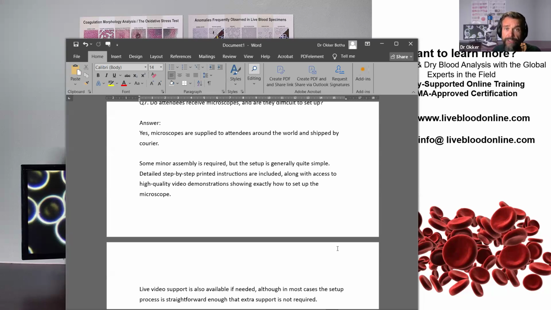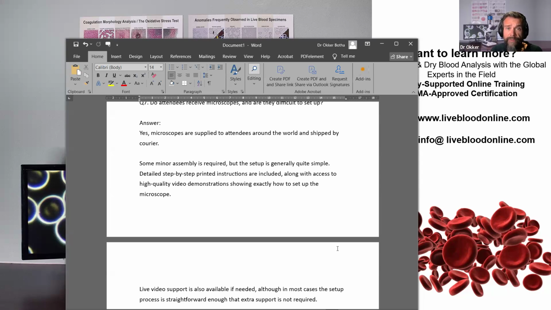So we've structured the course in such a way to ensure the best opportunity for learning. The lessons take place every week over a 12-week period with one lesson a week, allowing attendees then to go through the corresponding training manual or module of the training manual on the online training site.